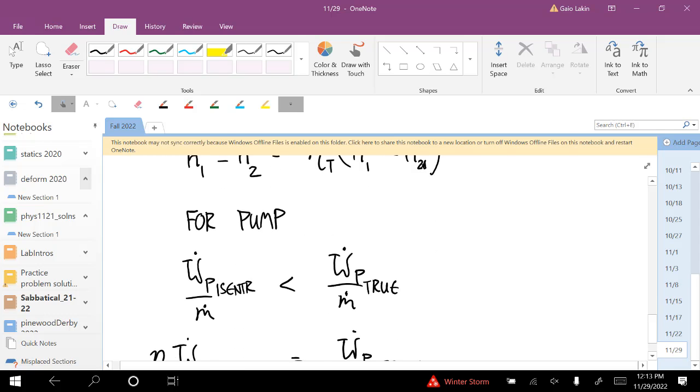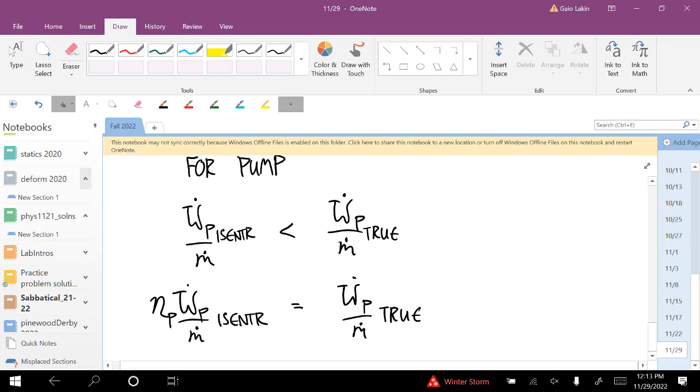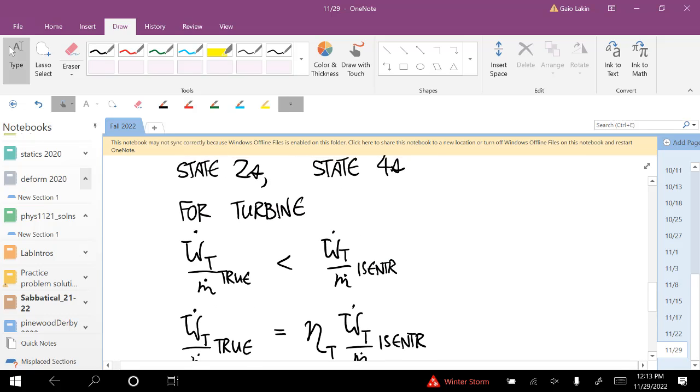So that's where you come up with the fact that you're multiplying eta by the ideal values for the pump, and you're multiplying it to the true values for the turbine. Okay, if you think about it that way, it makes sense.